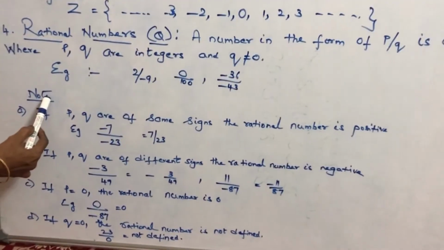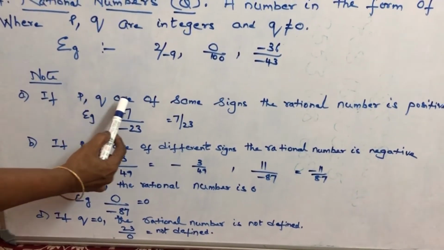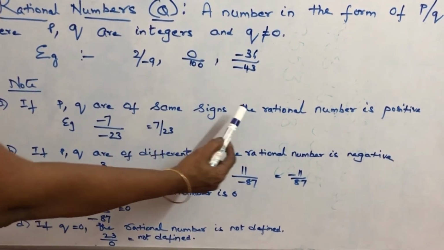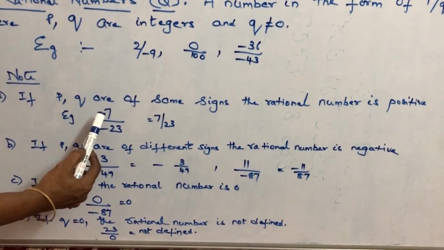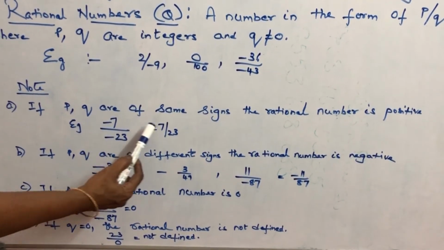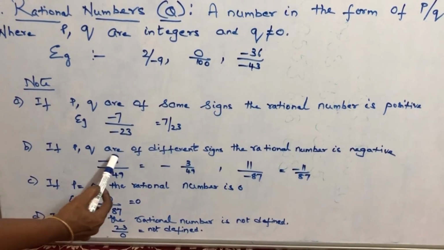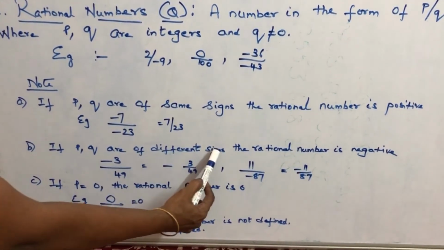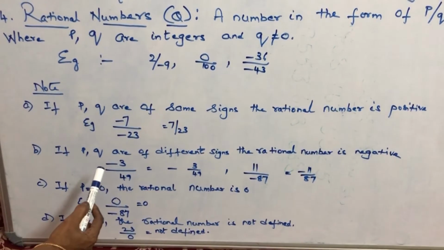We have certain instructions to follow. If p, q are of same signs, the rational number is positive. Numerator and denominator are both negative, the rational becomes positive. If p, q are of different signs, the rational number is negative.